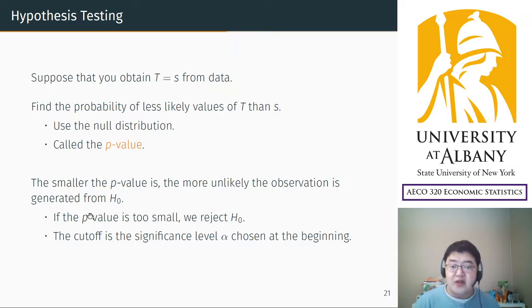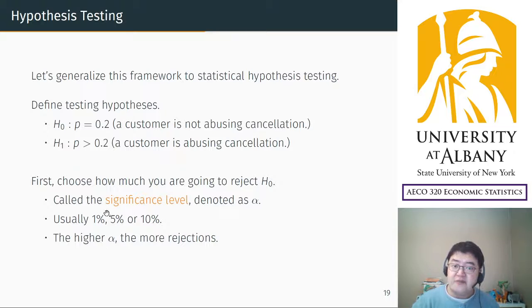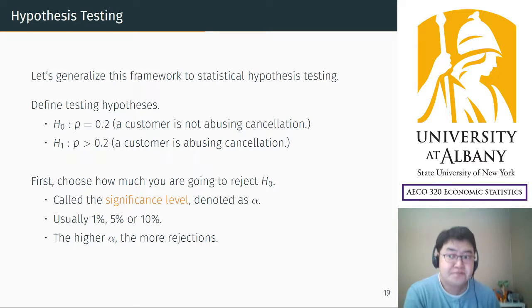Then how small is too small? This is defined by the significance level, which is the cutoff you set up in the first step. You had to define the significance level at the beginning of the test, before reading the data. So this will be your cutoff.